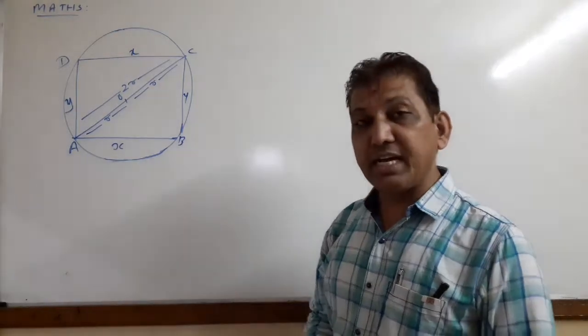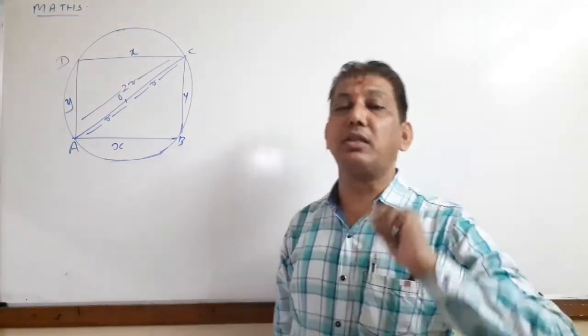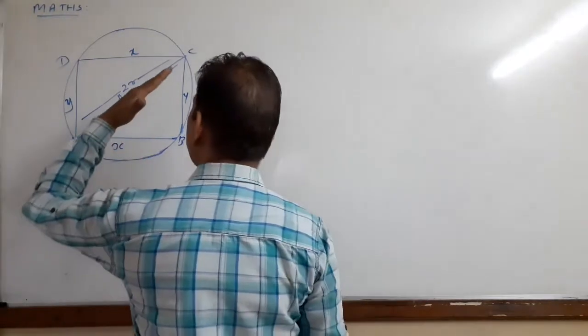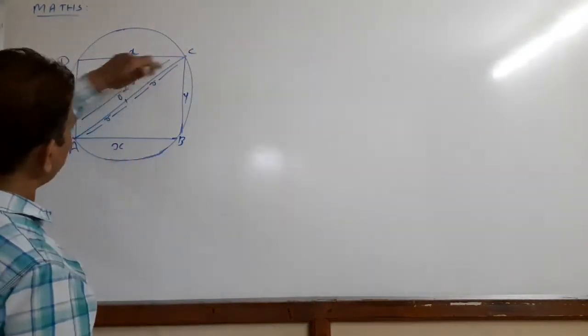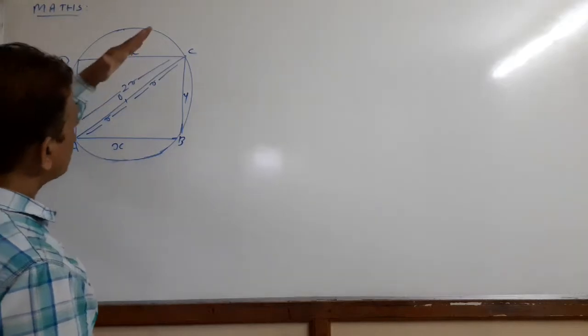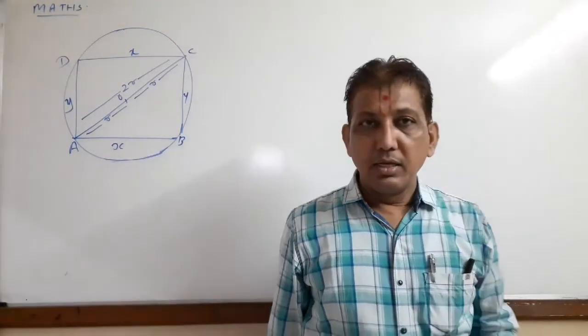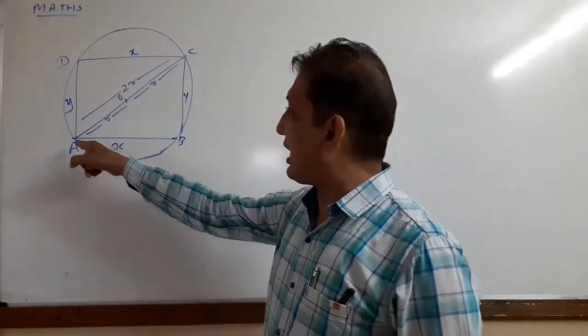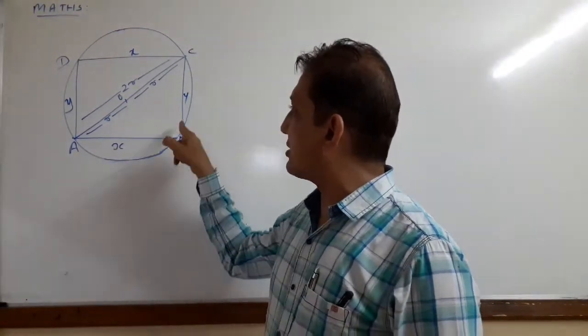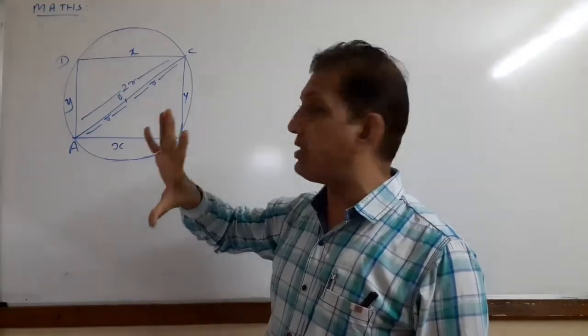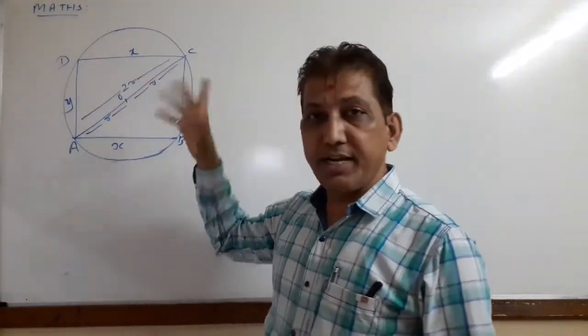You have studied in 9th and 10th standard the theorem of the circle. This is your semicircle, and AC is the diameter. So this part is a semicircle and this one is also a semicircle. A triangle inscribed in a semicircle is always a right angle triangle. ABC is always 90 degrees, ADC is also 90 degrees.